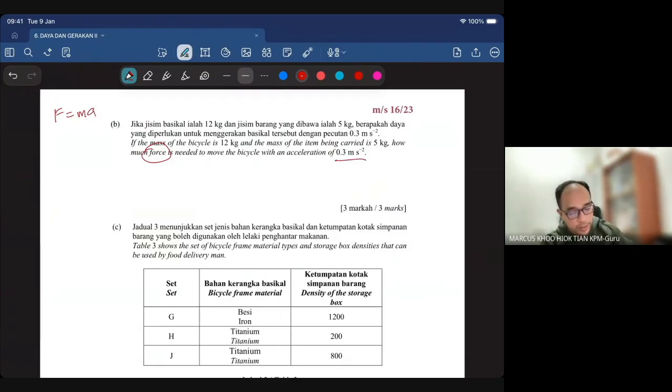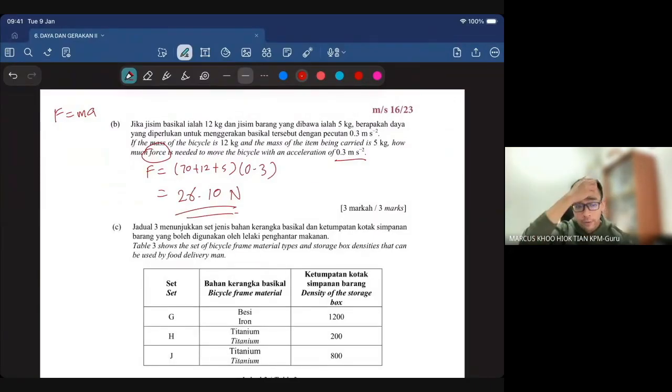Make sure you know how to substitute. The total mass is 70 plus 12 plus 5, 5 kgs of item. So force is this one multiplied by 0.3. You will get about 26.10, and all forces are in newtons. So you can't really run far from that.